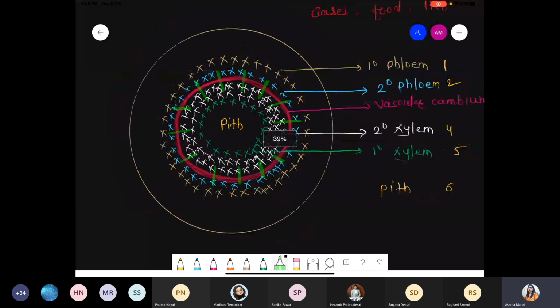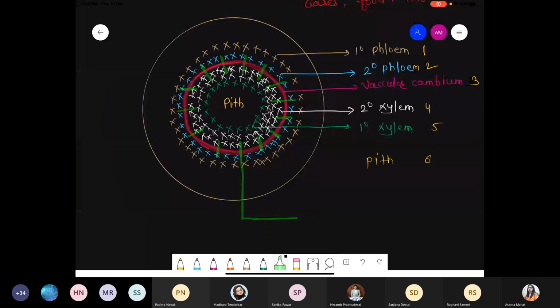So this green color, these are nothing but secondary medullary rays. Those are present in a narrow band and responsible for conduction of gases, conduction of food as well as water, but in a radial manner, in a horizontal manner. Chalo, done.